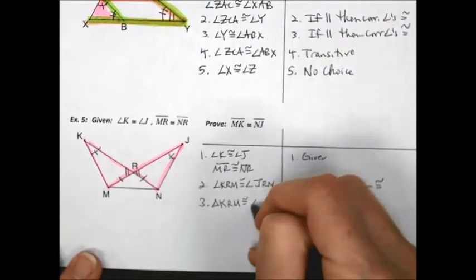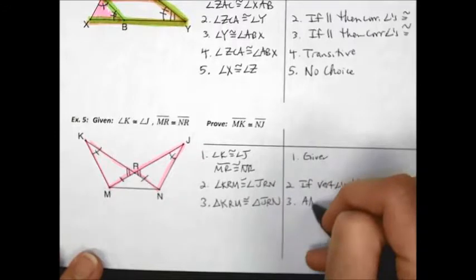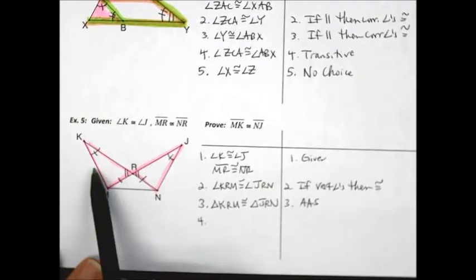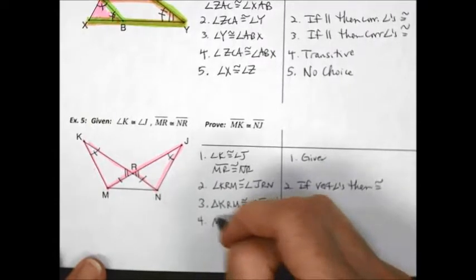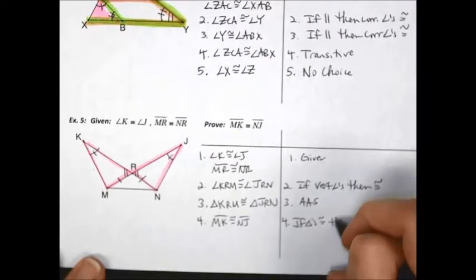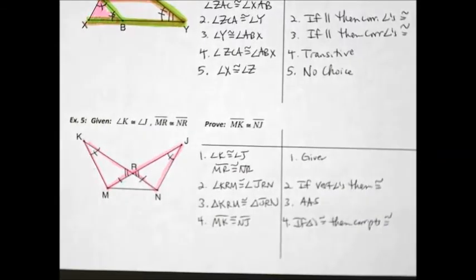Make sure it matches what you want. So I'm applying that angle, angle, side theorem that we proved on the previous page. And then, of course, by corresponding parts, we have MK congruent to NJ. If triangles are congruent, then corresponding parts are congruent. And that's it. So that was lesson 7.2.